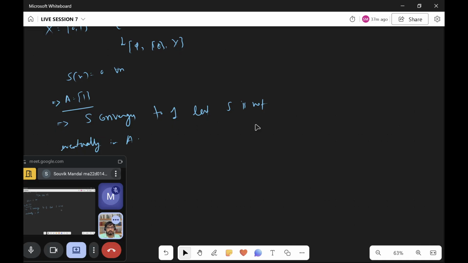But S is not eventually in A. So that is the contradiction.